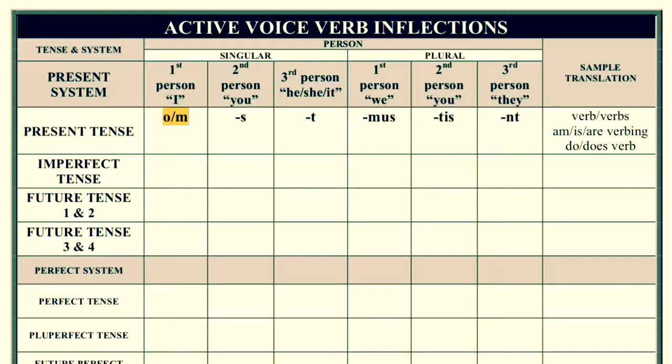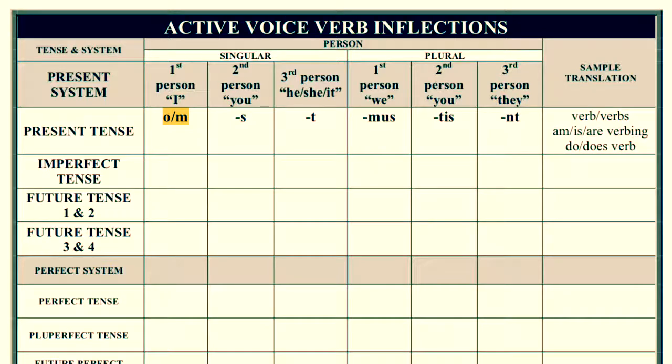Now that you are finished writing the notes on your chart, let's talk about what they all mean. First of all, remember that an inflection appears on the end of a word. Verb inflections will appear on the end of verbs, and an inflection is going to tell us specific information about the word that it is attached to.